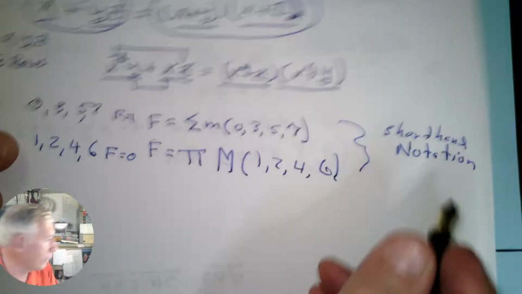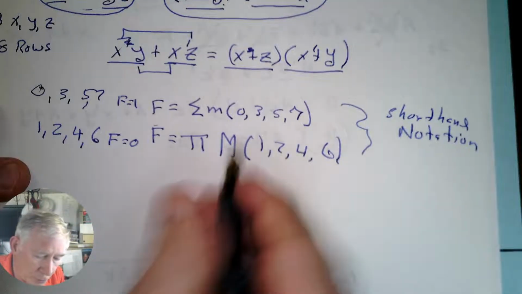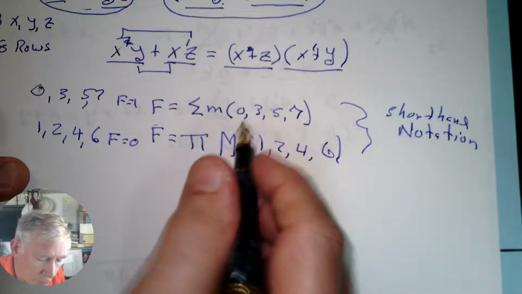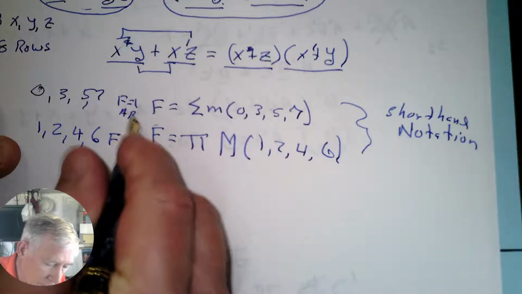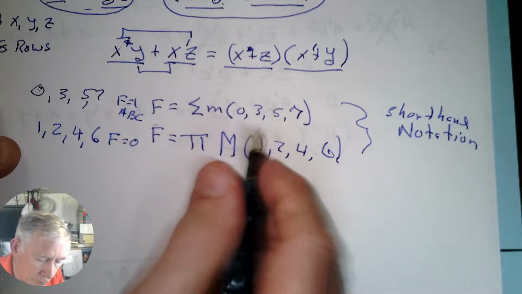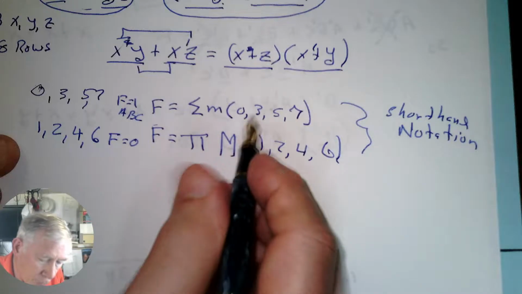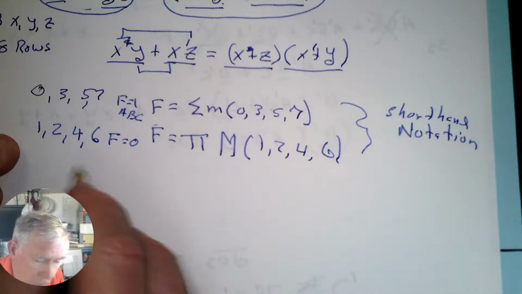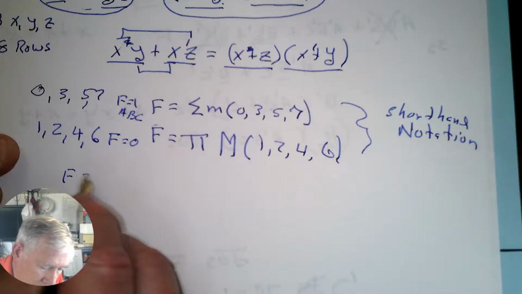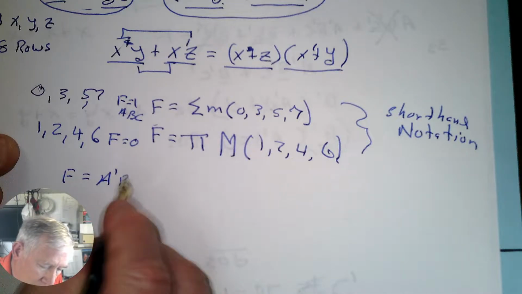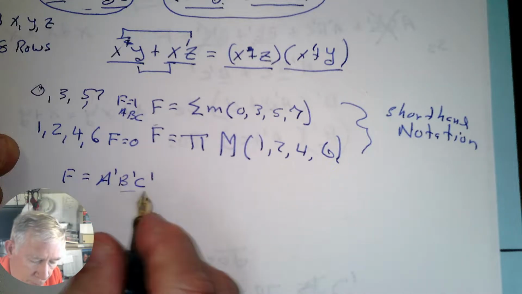Now, if we write out the expression, then we call it the expression. In this case, I can write the expression out. Let's say our variables are A, B, C, three variables, because we have 8 rows here. So our expression would be the 0 term, so F equals A prime, B prime, C prime. That's the 0 min term.